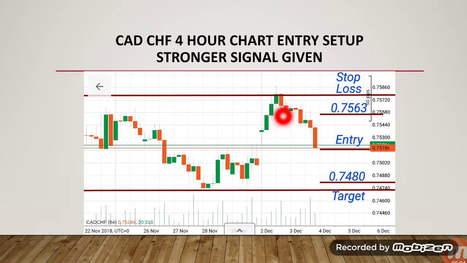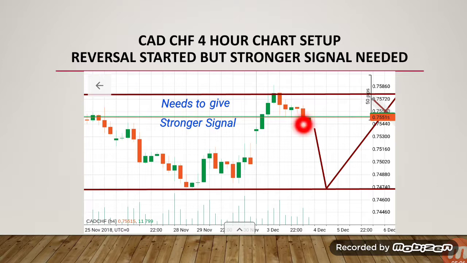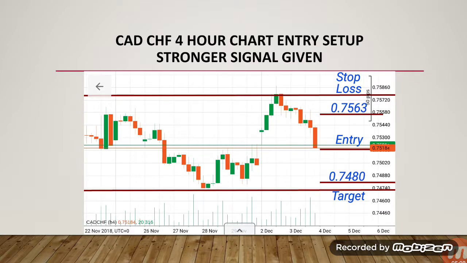So the expectation is that with this stronger signal compared to what we had here before, this is likely to take us down towards the support area here. Entry actually took place at 0.7520. So we're talking about a 43 pip stop loss going after a trading gain of 40 pips. And the expectation is that this target should be hit within 24 hours.